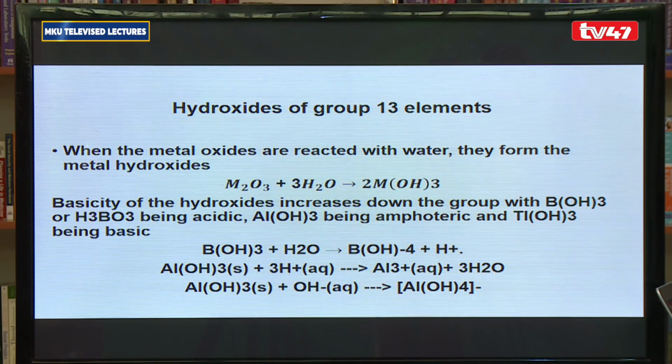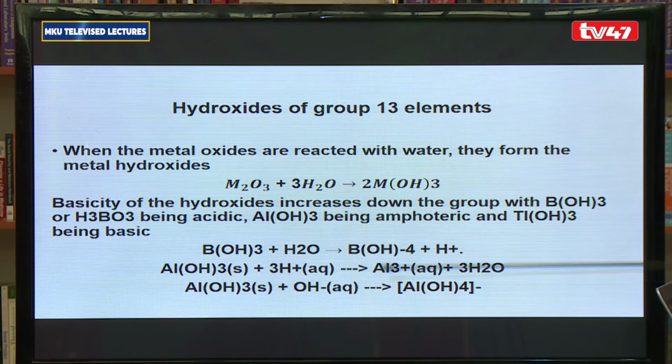And the basic character, or the basicity, of the metal hydroxides increases down the group. Boron hydroxide, or boric acid, is the most acidic, and aluminium hydroxide is amphoteric, meaning that aluminium hydroxide can react with both acids and bases.